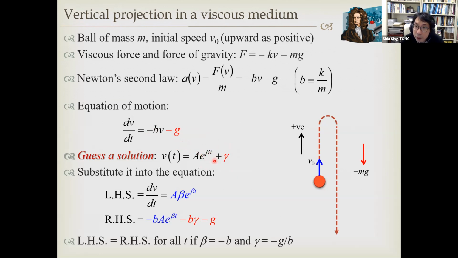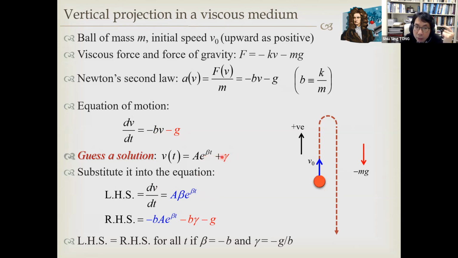Now let's substitute it. The left-hand side of the equation is dv/dt, and so it gives you a beta exponential beta t as before. The differentiation of a constant is 0, so the gamma does not enter here. But the right-hand side is minus bv minus g.